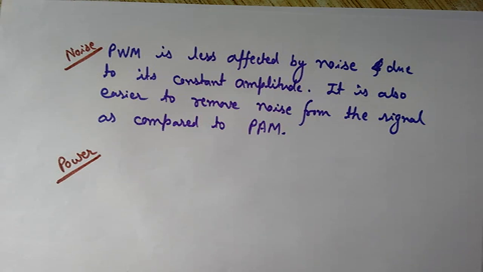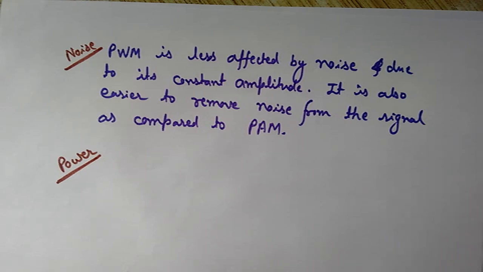This power variation was due to change in amplitude in case of pulse amplitude modulation. Okay, but here it is because of the change in widths. In pulse width modulation, it is necessary that the transmitter must be able to handle the power content of the pulse that has maximum pulse width.